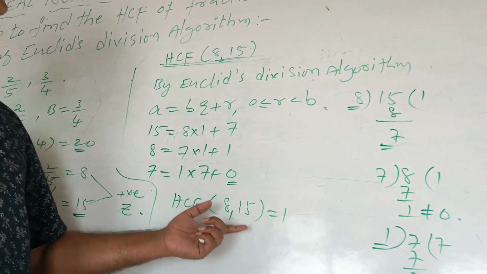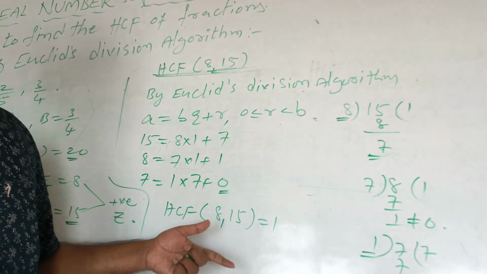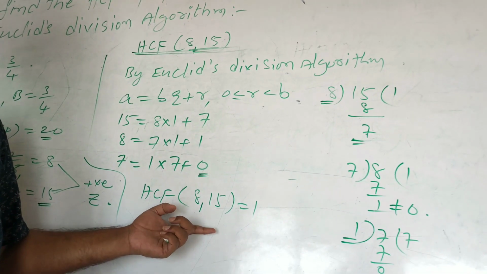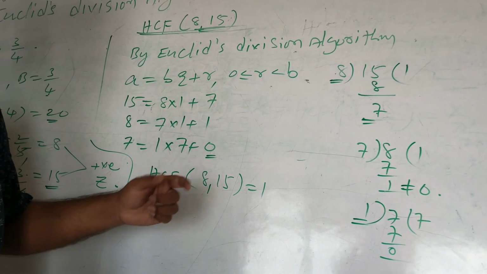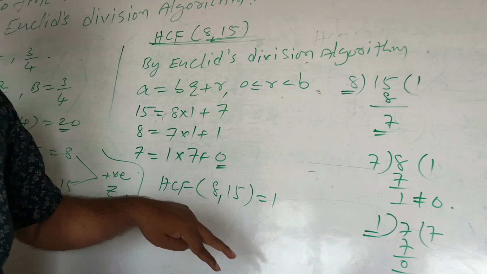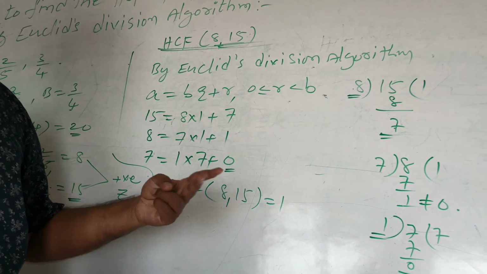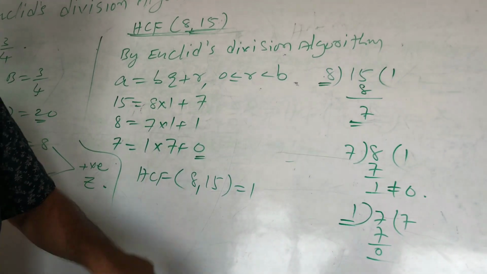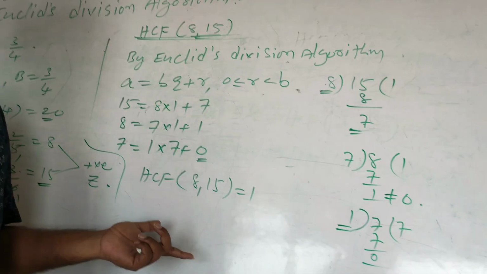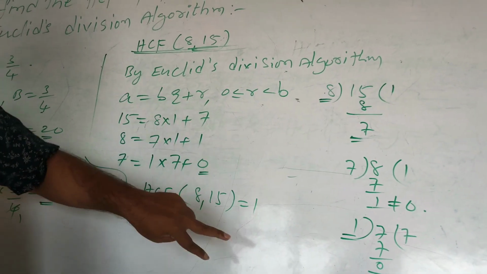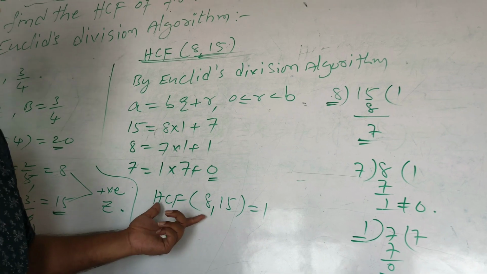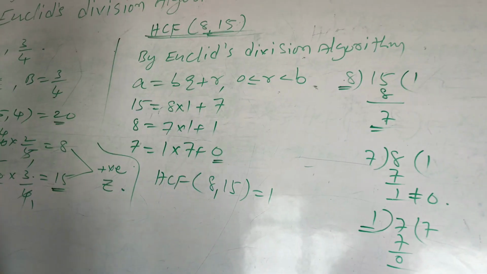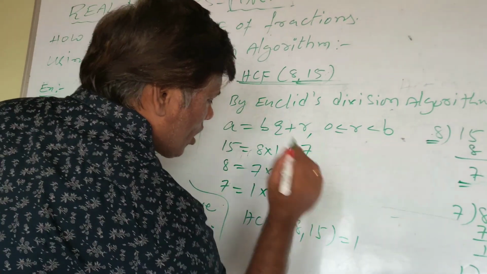If two numbers are not divisible by any other number except 1, then those two numbers are called co-primes. In co-primes, both numbers may be prime, or one may be prime, or neither may be prime. There is no restriction. The numbers may be any, but they should have no common factor other than 1. This is the definition of co-primes.